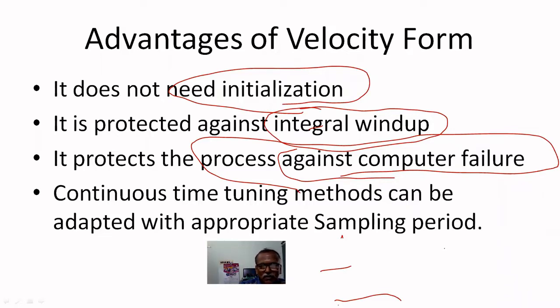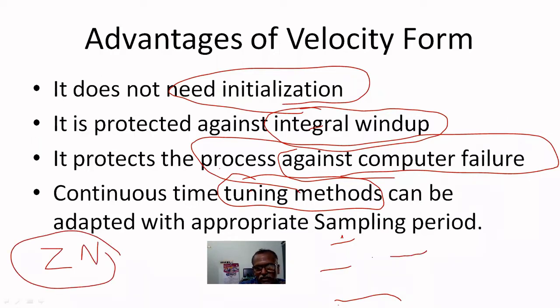And one more point mentioned here is the tuning methods for this PID controller. We can use the same Ziegler-Nichols, Cohen and Coon methods, with the appropriate sampling period. The sampling period must be as small as possible. If it is very, very small, then it looks like a continuous system.